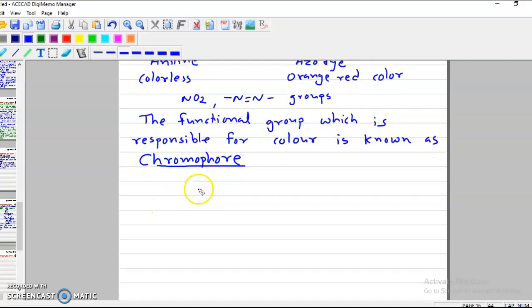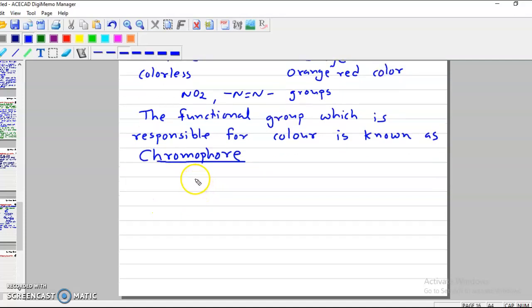Okay, so chromophore is basically a functional group which imparts color.